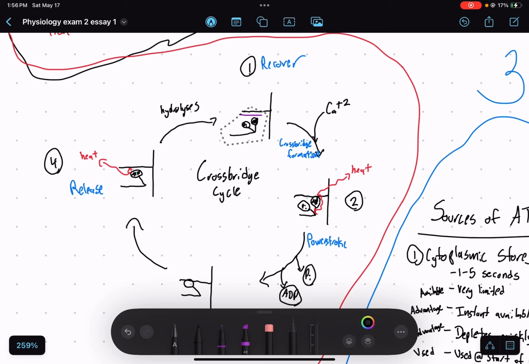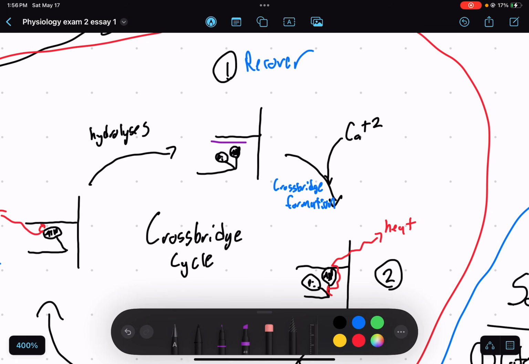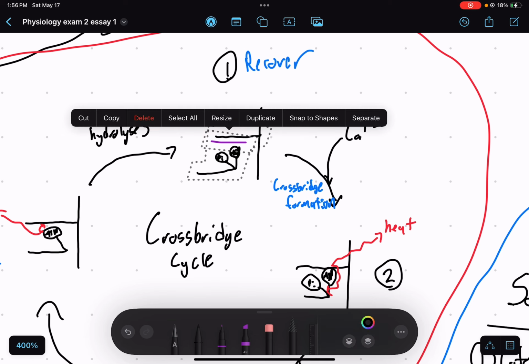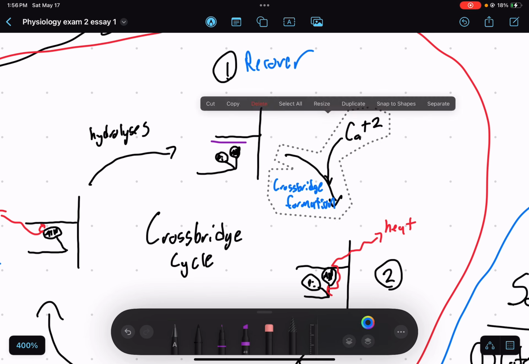On it, you have ADP and a phosphate. Oh, sorry, not inorganic phosphate. It's just a phosphate. Inorganic phosphate is free floating. But you have the ADP and phosphate. It will make a bent conformation, which will allow it to attach to the actin whenever the tropomyosin is moved out of the way.